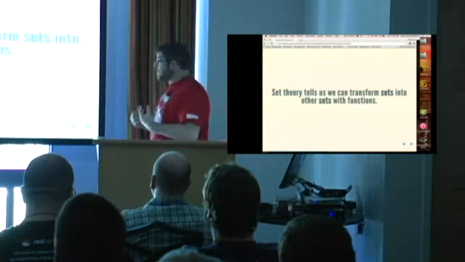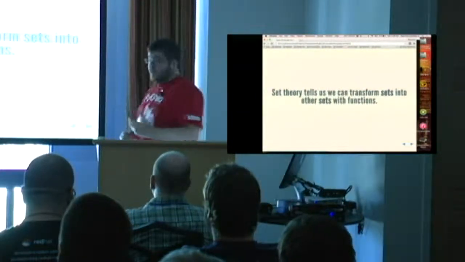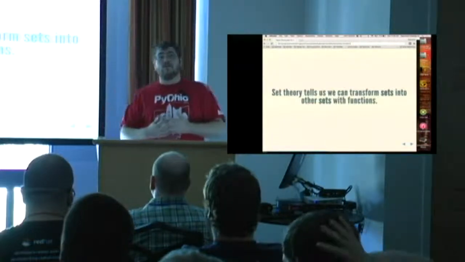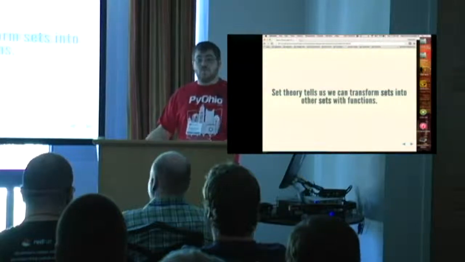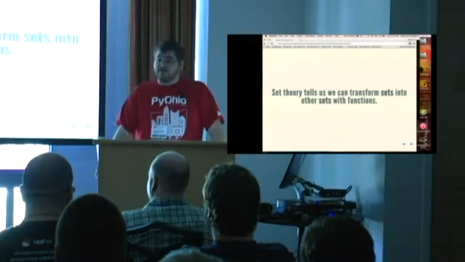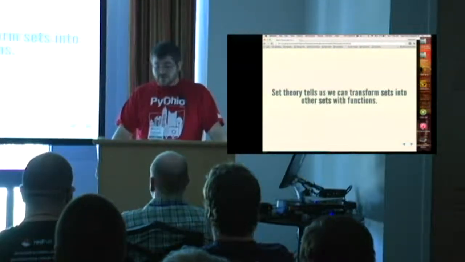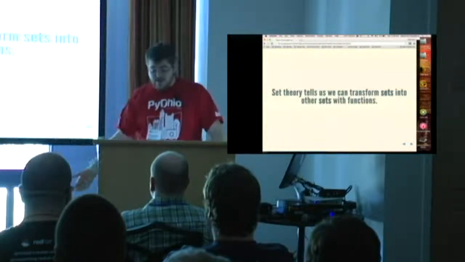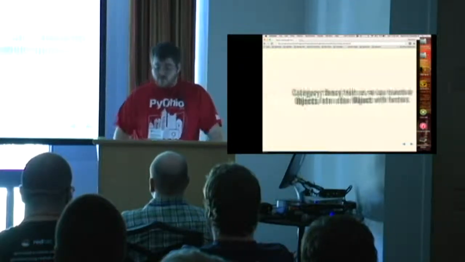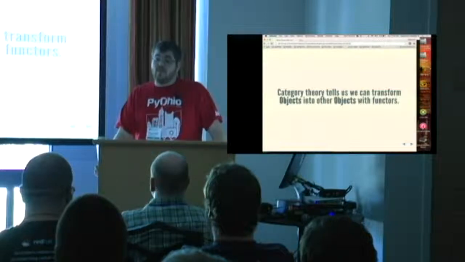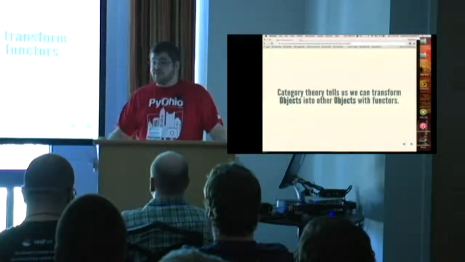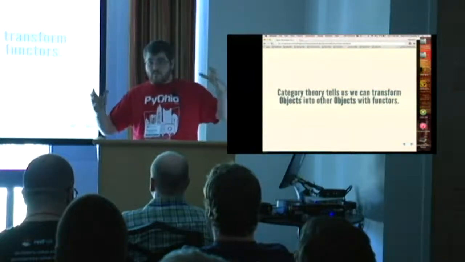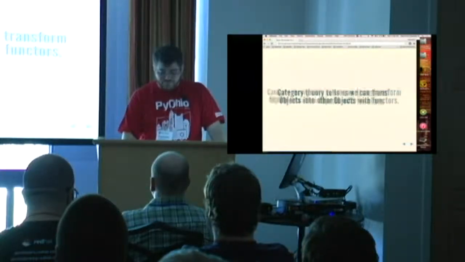But what's even cooler is when we think about set theory: it doesn't really care about order or structure, because sets are unordered collections of distinct items, right? So set theory tells us that we can transform any set into any other set with functions. But category theory tells us that we can transform any category into any other category with functors, which apply mappings over that entire category.